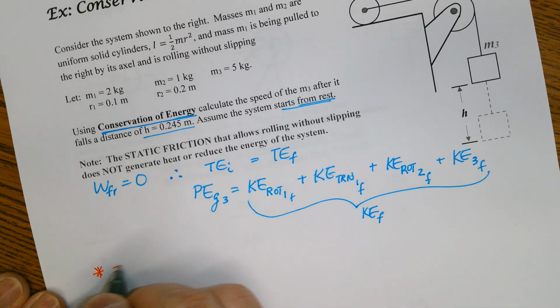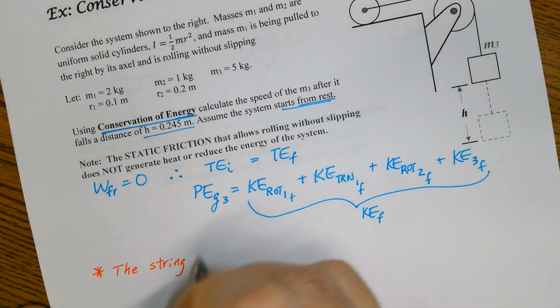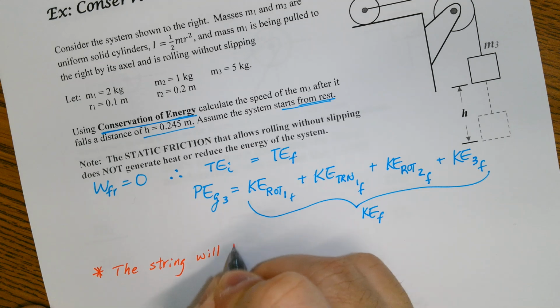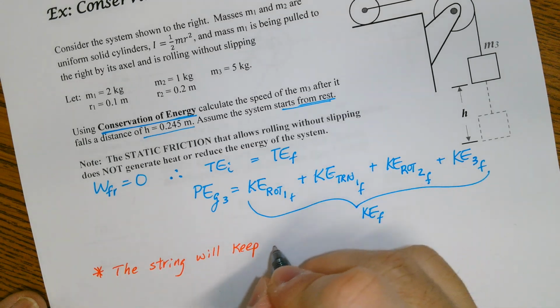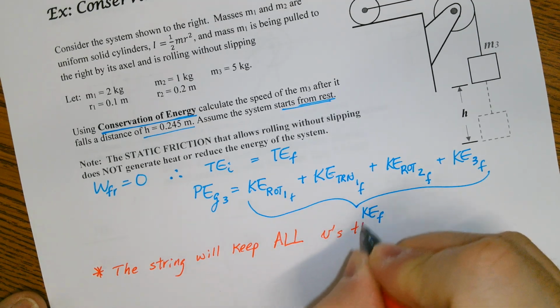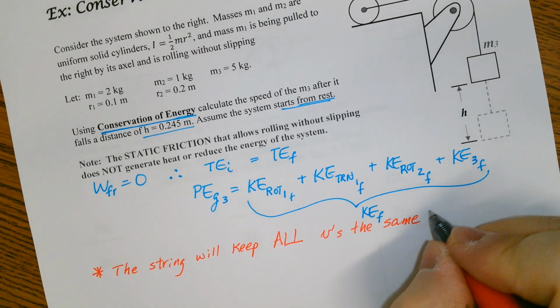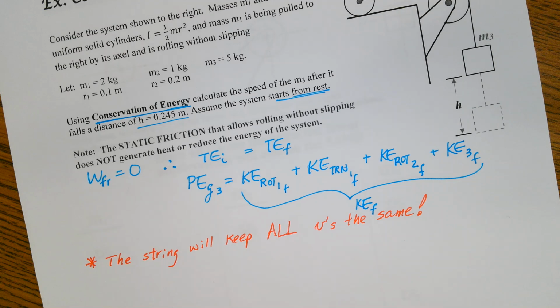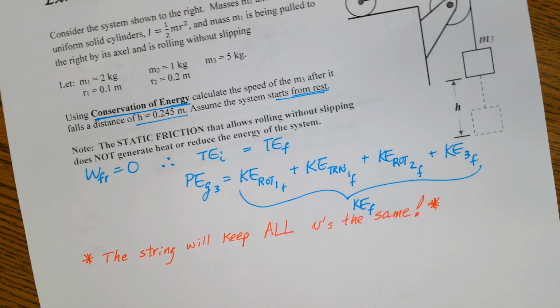It's good to know, the string will keep all these the same, as long as it doesn't stretch or shrink. That's a very important thing to know because it helps a lot.